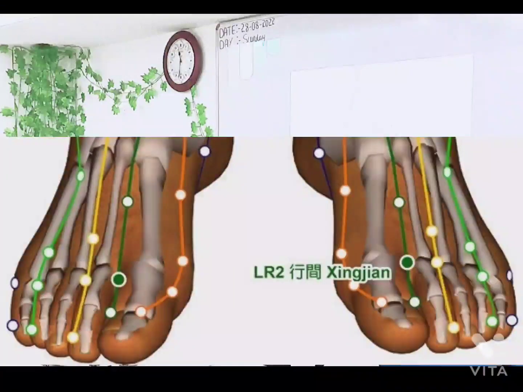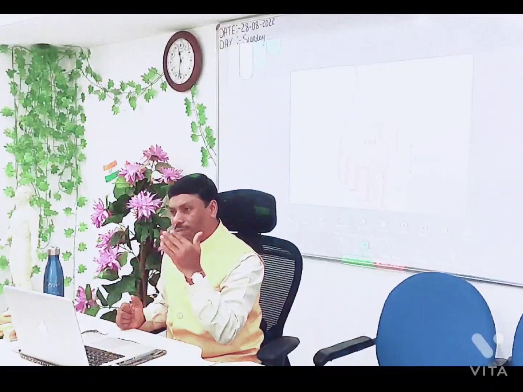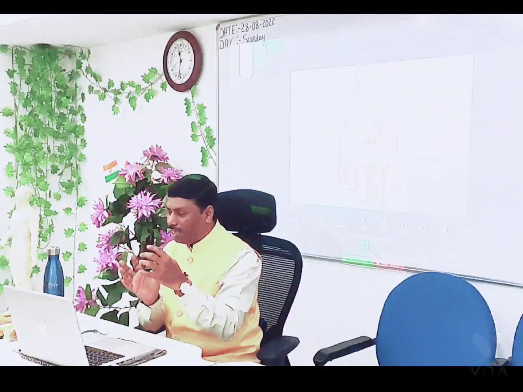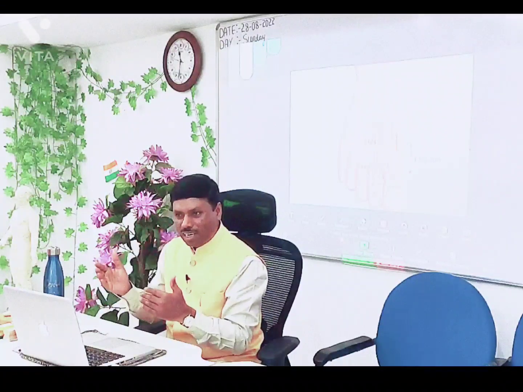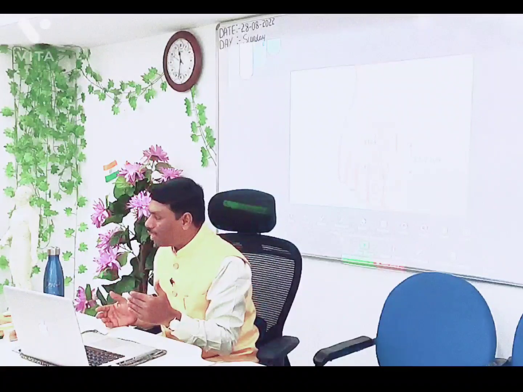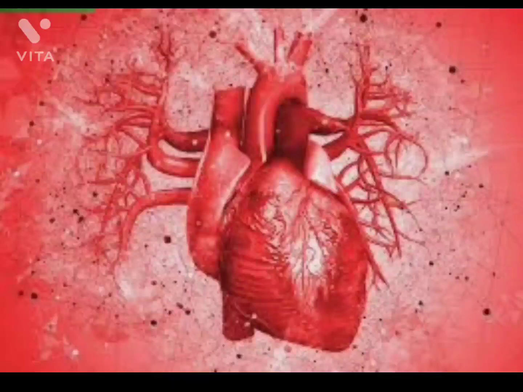So the major physiology of Liver 2 is communicating with another organ. The energy stored there is passed to the son organ. The liver is the mother organ passing to the son. Which is the son of the liver? The heart. It should pass to the heart.